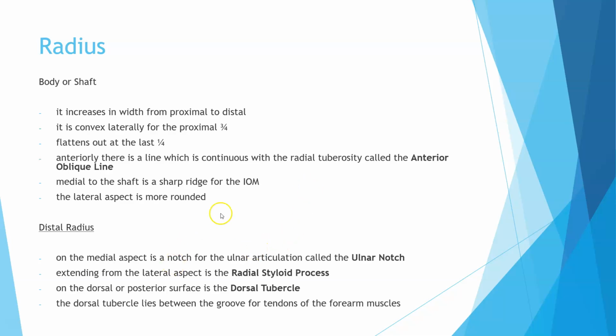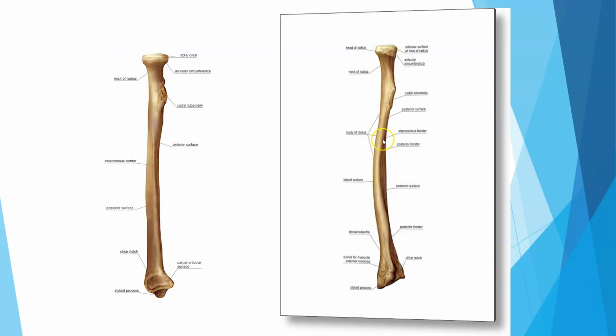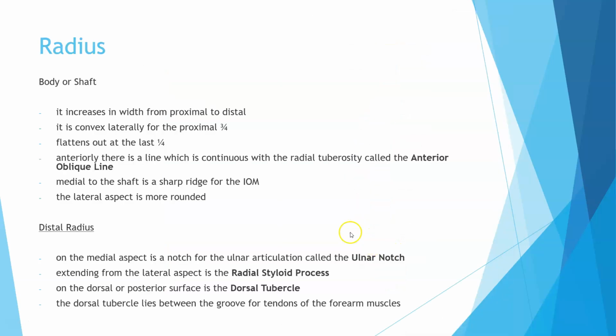When we compare the medial surface to the lateral surface, the medial surface is much sharper because of this interosseous membrane attachment, and we have a much rounder, smoother, convex lateral aspect, giving smoothness to the lateral aspect of the radius.